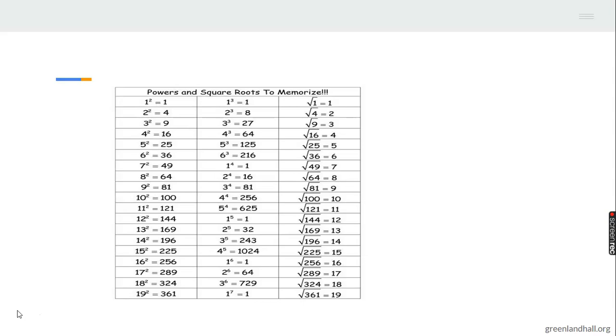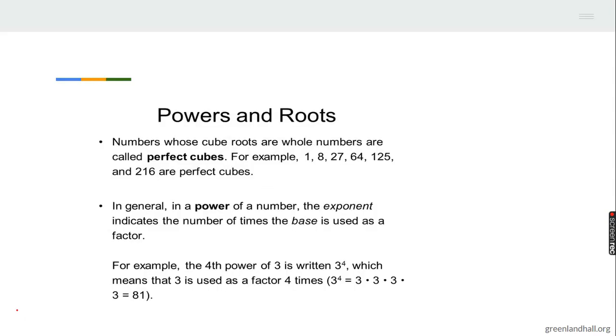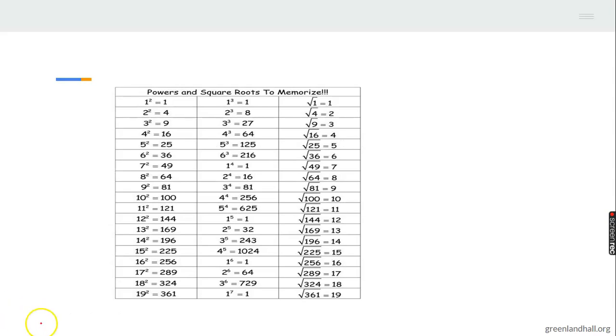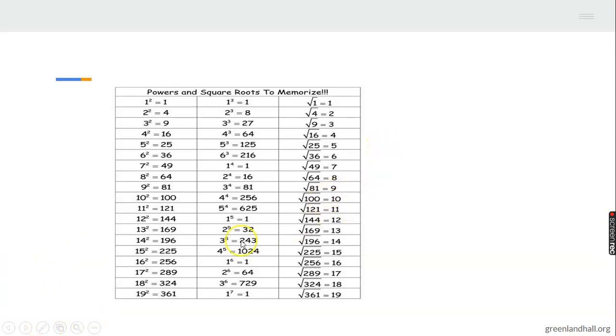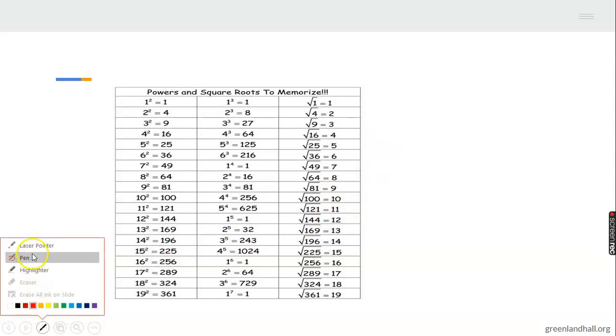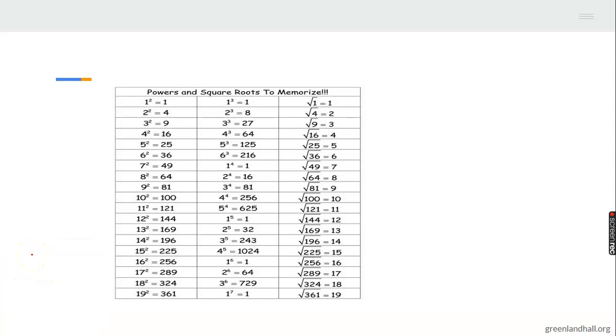Square root of 1. This is the square root sign. When there's no number on the square root sign, it means square root. But when there's a 3 on it, it means cube root.